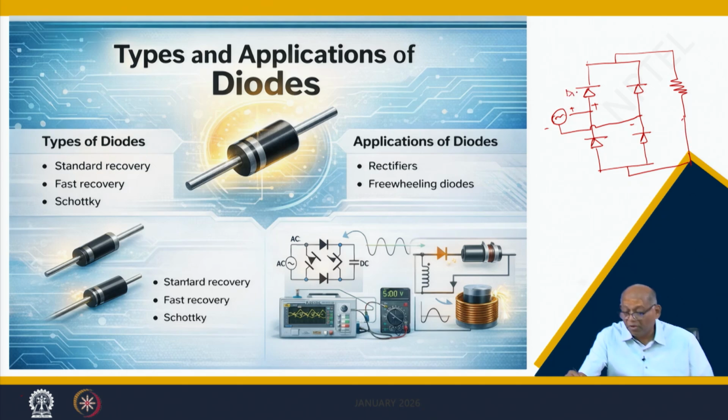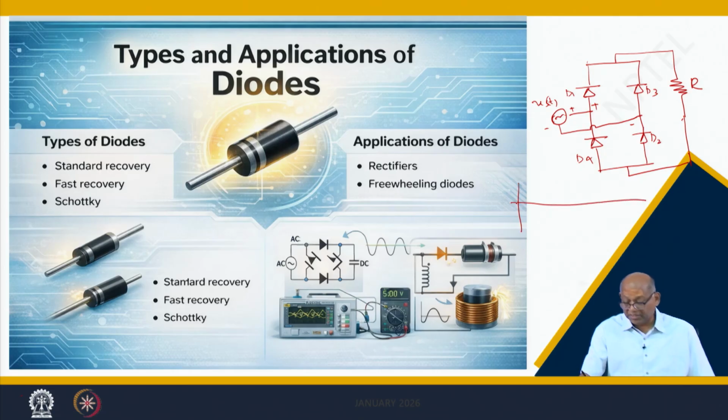This is diode D1, D2, D3, D4, this is resistance R, this is Vs(t). If you draw this Vs(t), which is like a sinusoidal wave, what happens to the voltage V here? This is the V output, let us say.